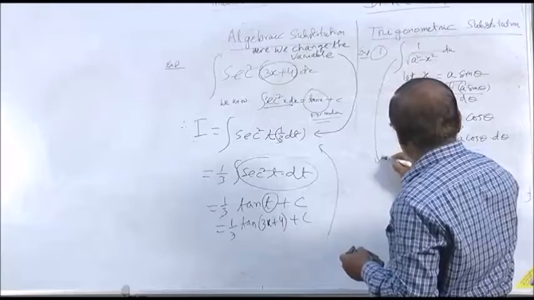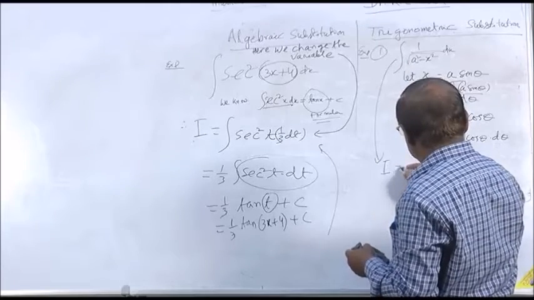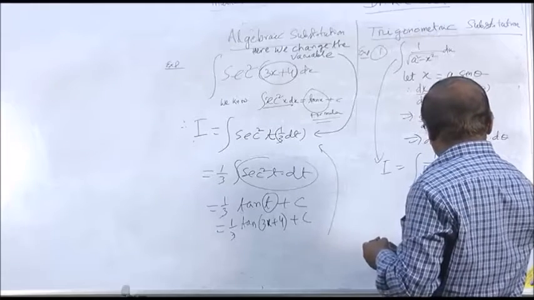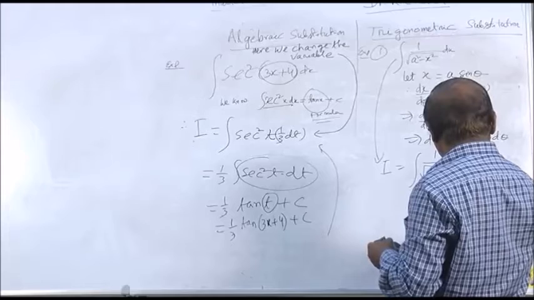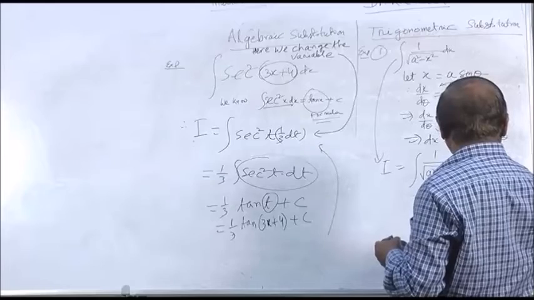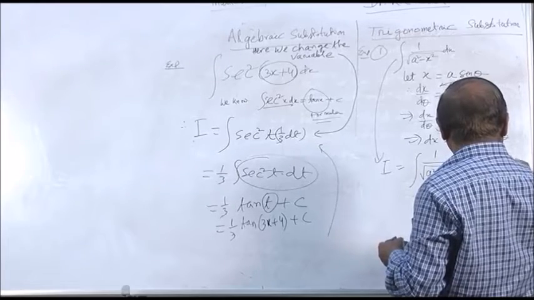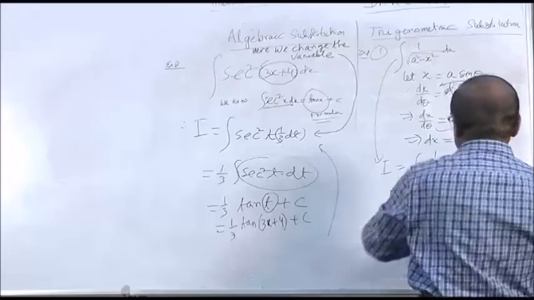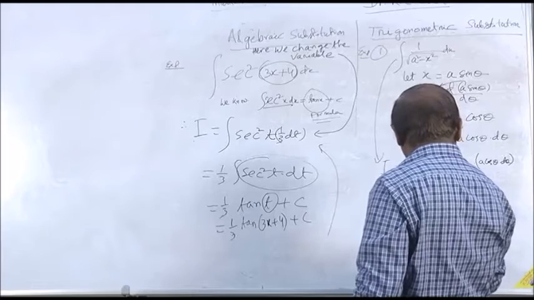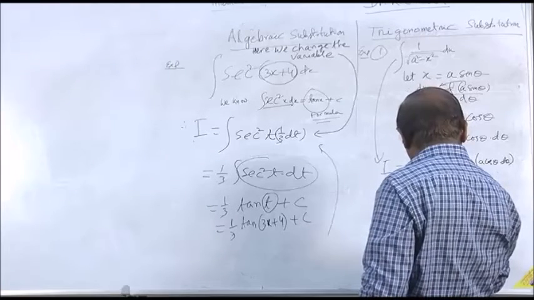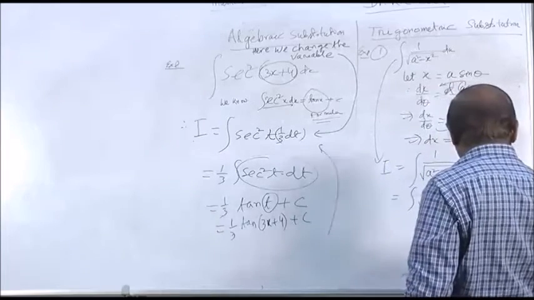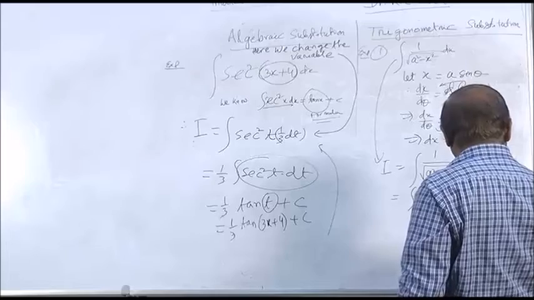You see, here this integral is equal to 1 by root over of a square minus a square sin square theta. What is the value of dx? It is a cos theta d theta. So that becomes, we take common a square, 1 minus sin square theta, into a cos theta d theta.